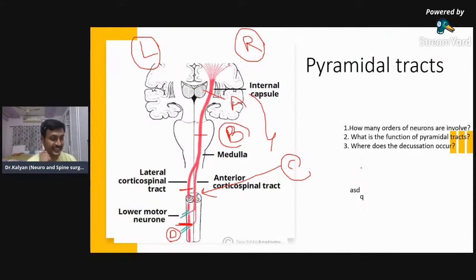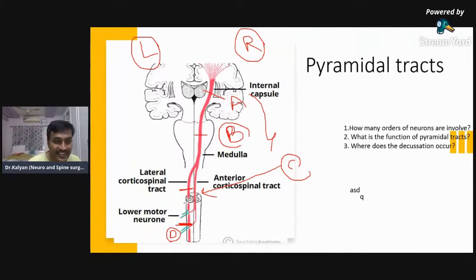Answer D: is it left or right, same side or opposite side? D, same side. Fine.